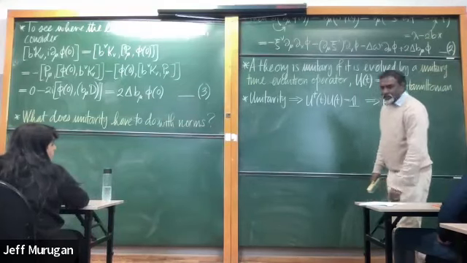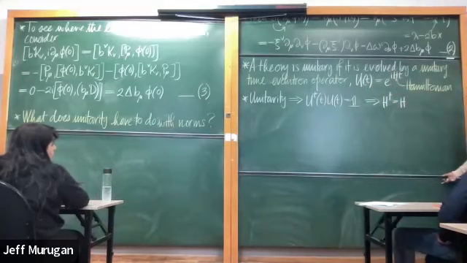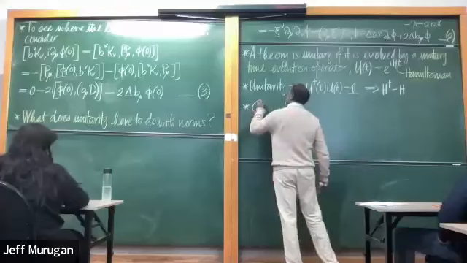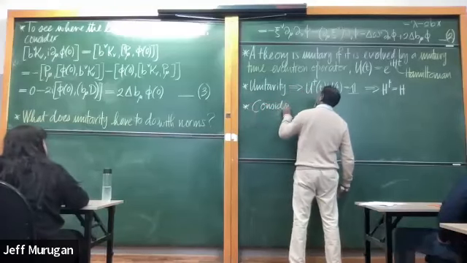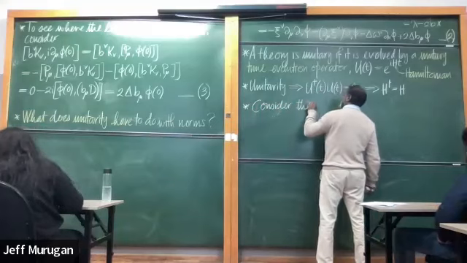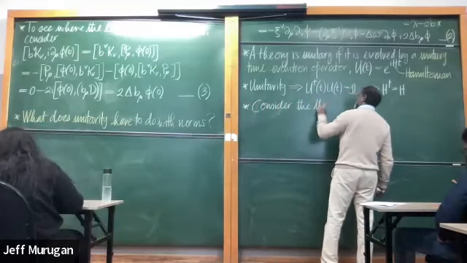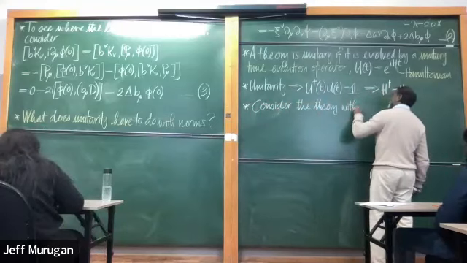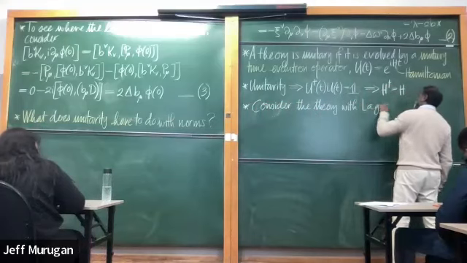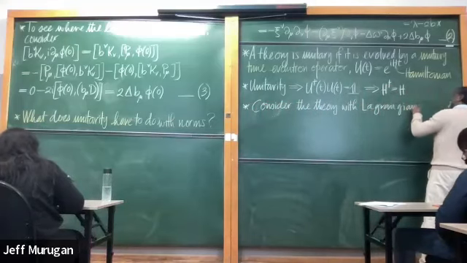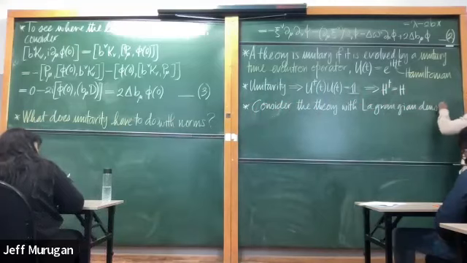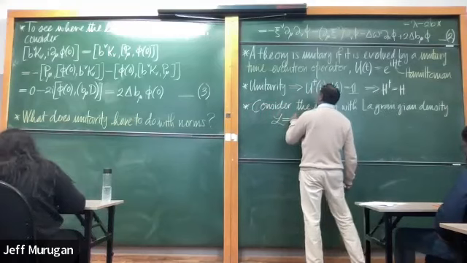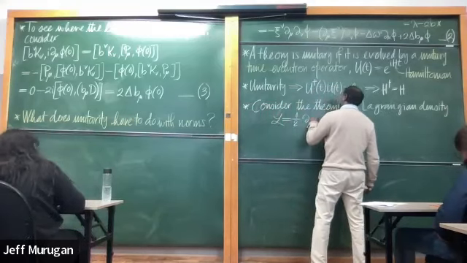Okay. So let's consider a theory that's going to pose problems for this statement, and I'll explain why. Suppose I give you some theory with Lagrangian density L equal to a half partial mu phi partial mu phi.